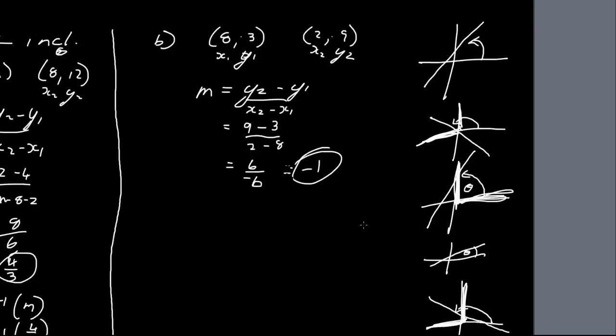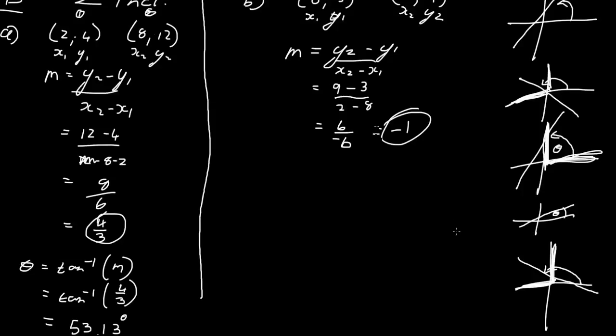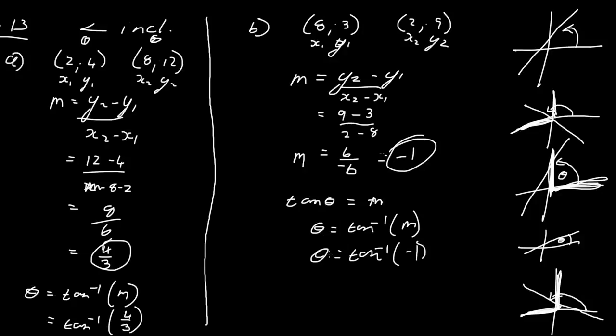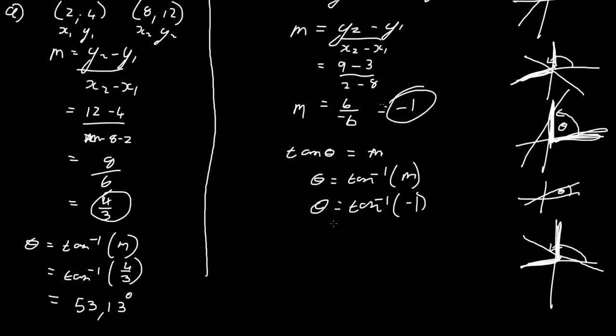So, let's go ahead and finish this calculation. We know the gradient, m equals negative 1, and we know that... So now's where you need to be careful.